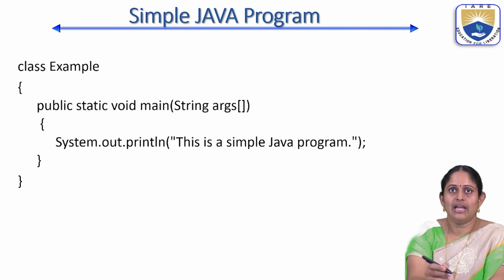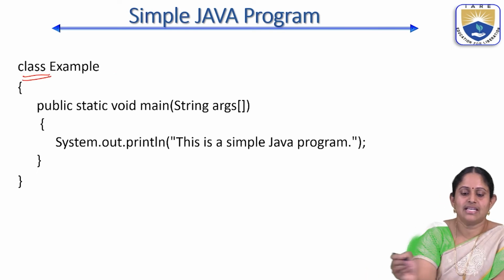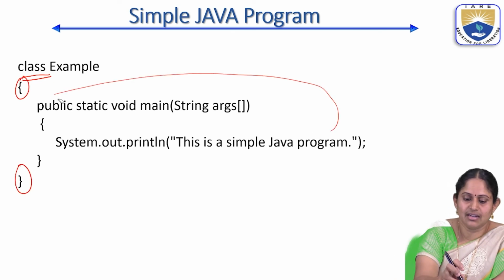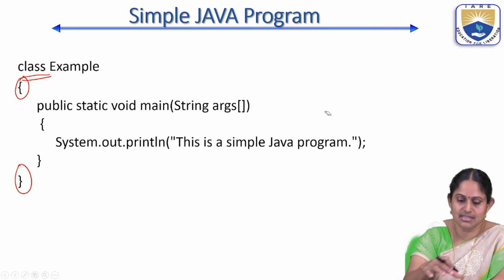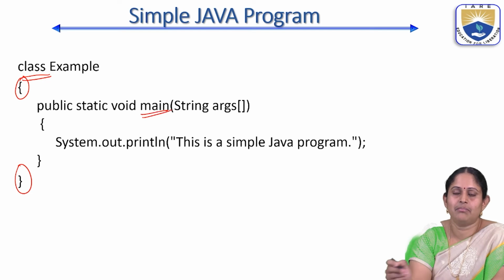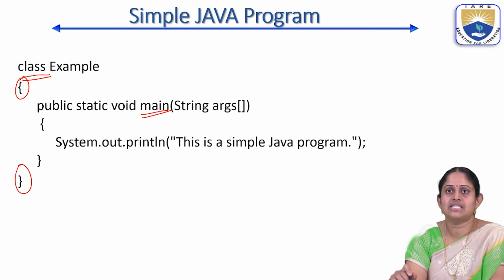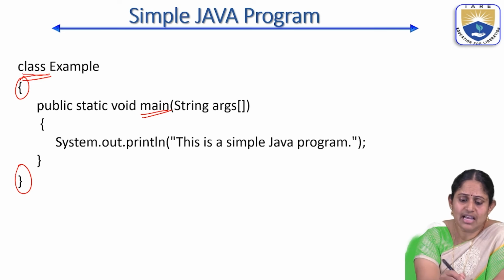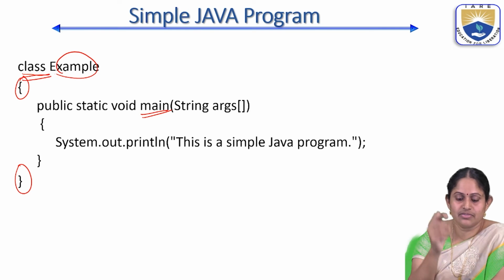As I have told you, every Java program will be encapsulated inside a class. The class will be given a class name, and inside the class you will have the main method, from where the execution starts first.